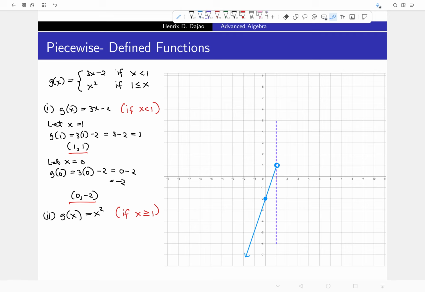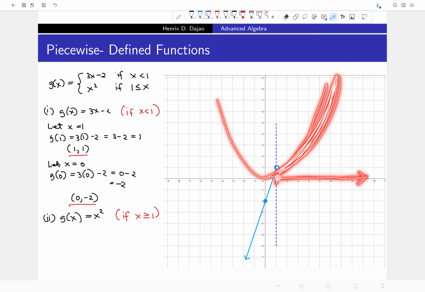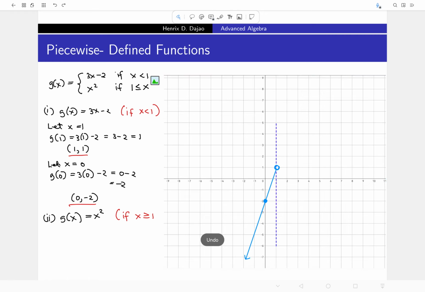So to do that, we are expecting a graph that looks like this. Let's start here at x equals 1 so that we may know where to start graphing first.